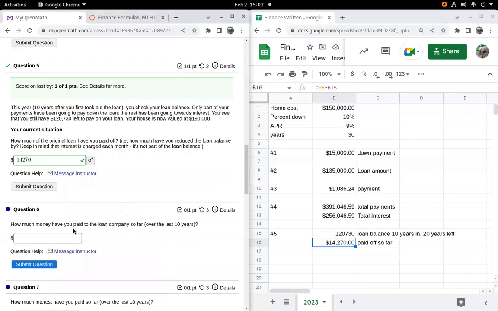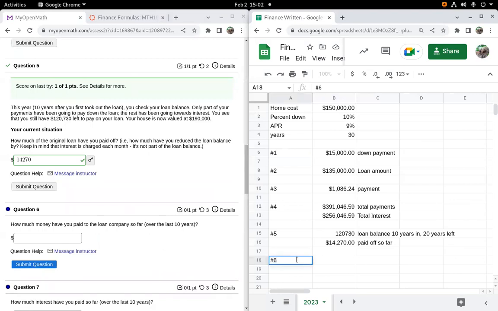All right. How much money have you paid to the loan company so far? All right, that was the other question I was getting at, right? Every month for the last 10 years, I've been sending them this much. I don't know if I estimated that correctly in my head earlier, probably not. I said 100,000, but that may not be right.